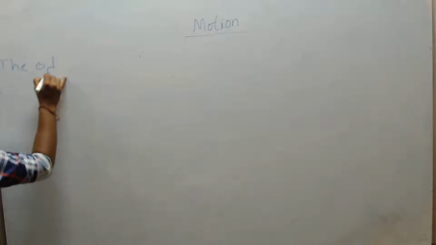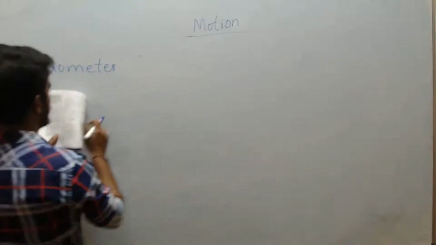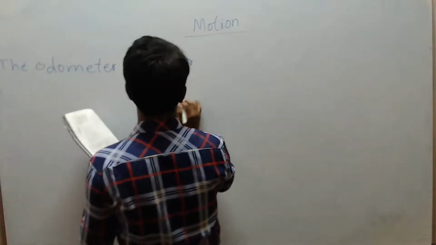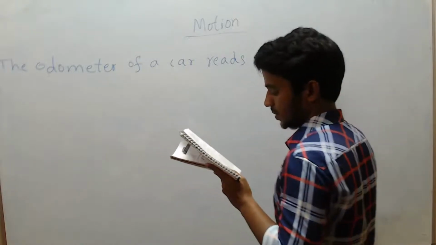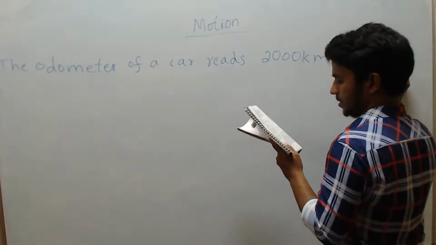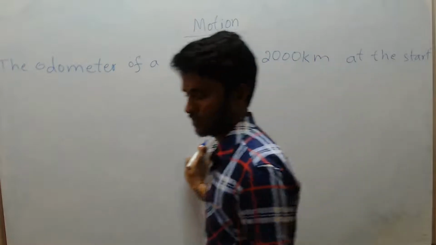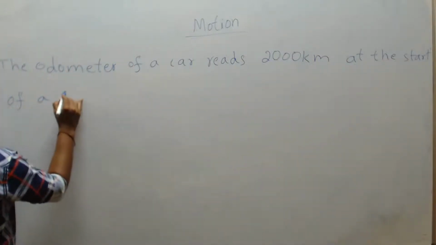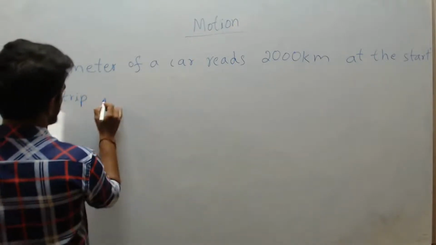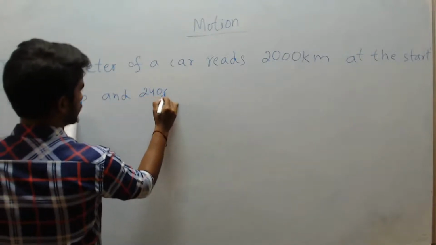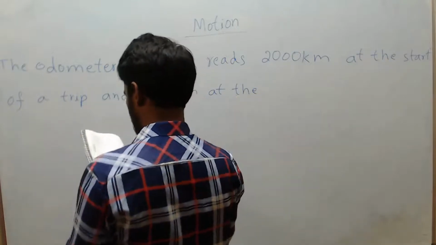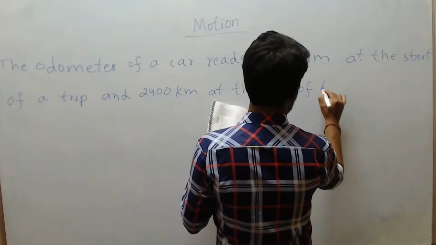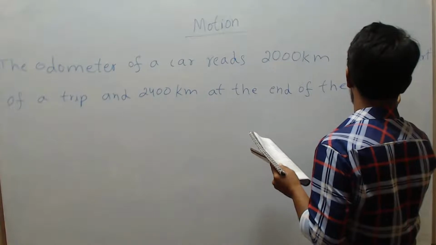Now we'll discuss one more problem. The odometer of a car reads 2000 kilometer at the start of a trip and 2400 kilometer at the end of the trip.